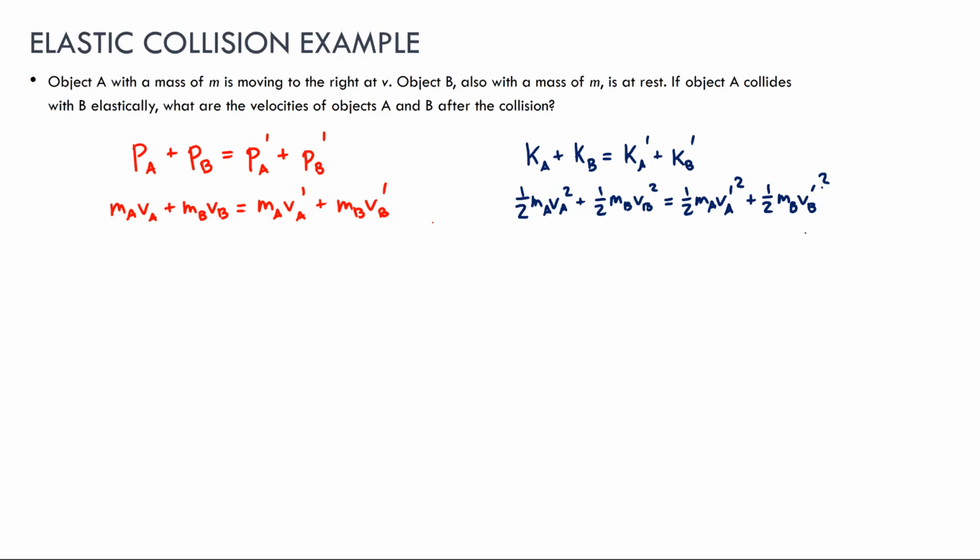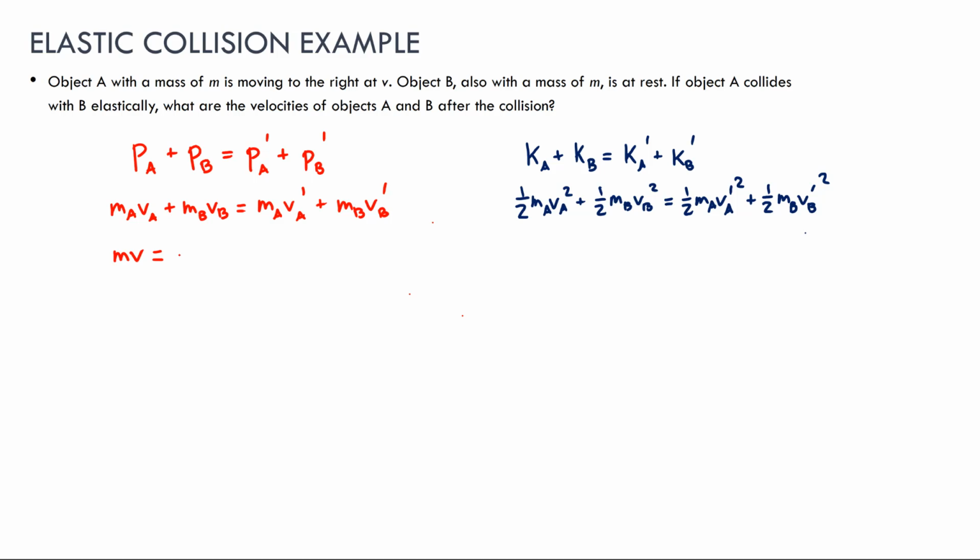What we know is that the mass of A is m and it's moving to the right at v. Since it's moving to the right, I'll define to the right as positive, which means it will have a positive velocity. So initially we have mv, and then for B, we know object B is initially at rest. So we have 0 for the velocity, which means we have no momentum for object B that we need to worry about initially.